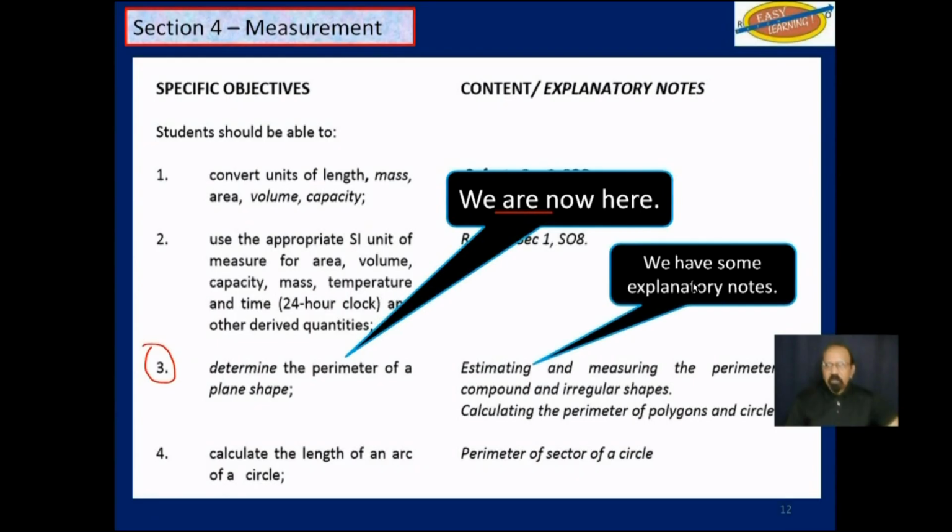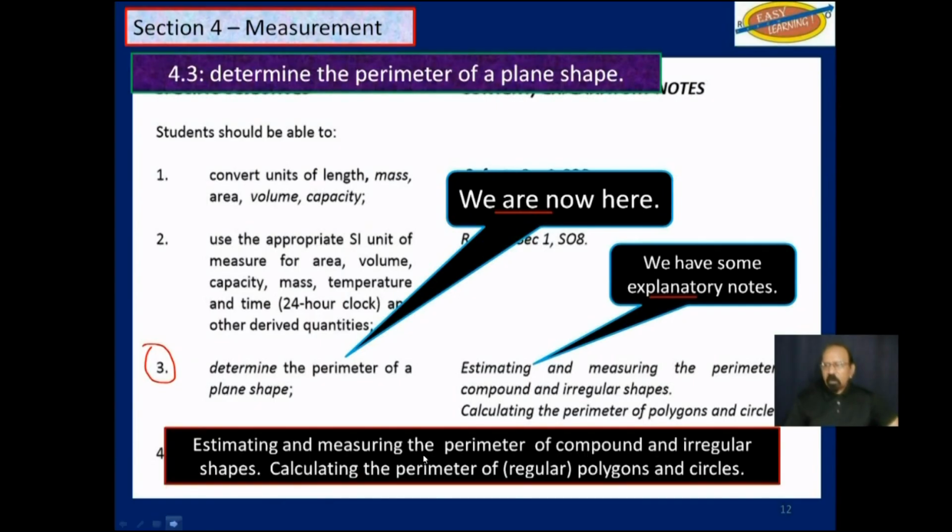We do have some explanatory notes, which say estimating and measuring the perimeter of compound and irregular shapes, and also calculating the perimeter of regular polygons and circles.